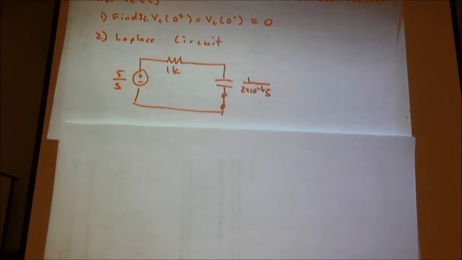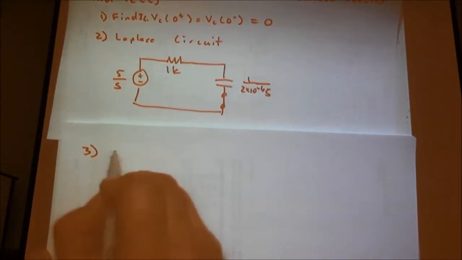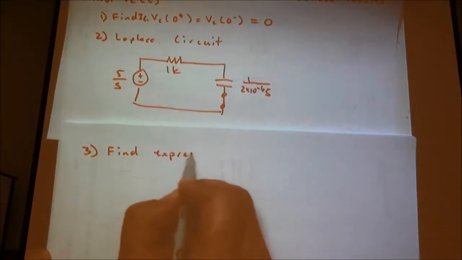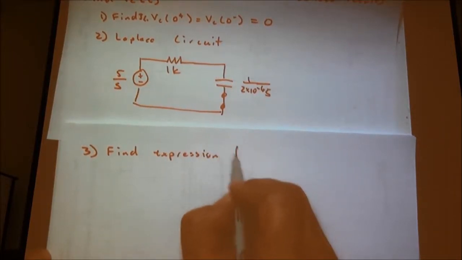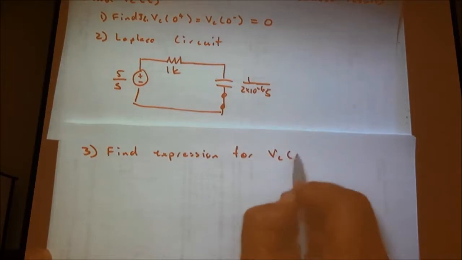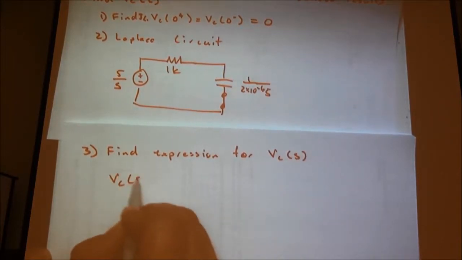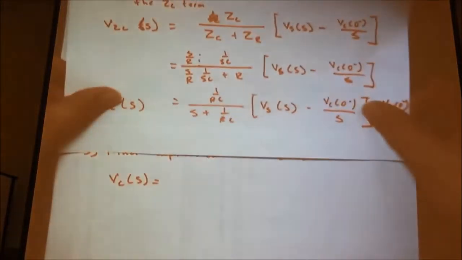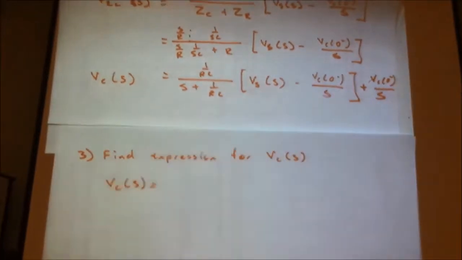So we already have an expression, find expression for Vc of S. That was step 3. And we've already done that, Vc of S in this case, because we have zero initial conditions. Well, here's our form.